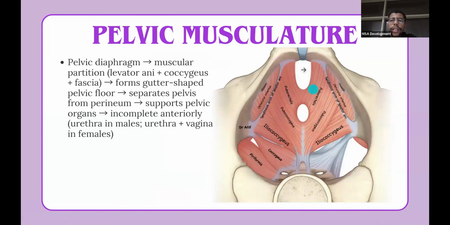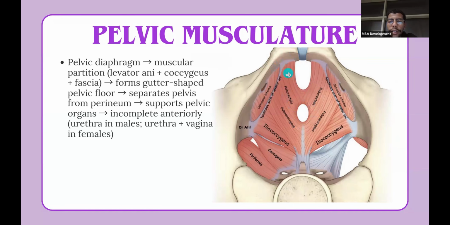Now, this hole at the front here is called the urogenital hiatus. Hiatus means an opening. And this is the anal hiatus. Through the anal hiatus, we have of course the anus.